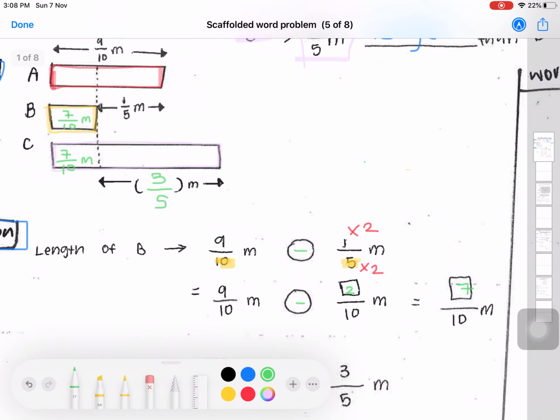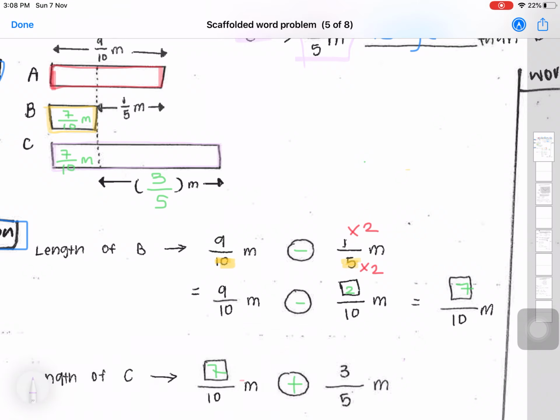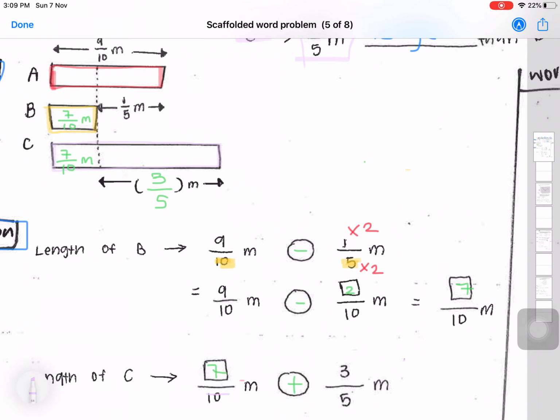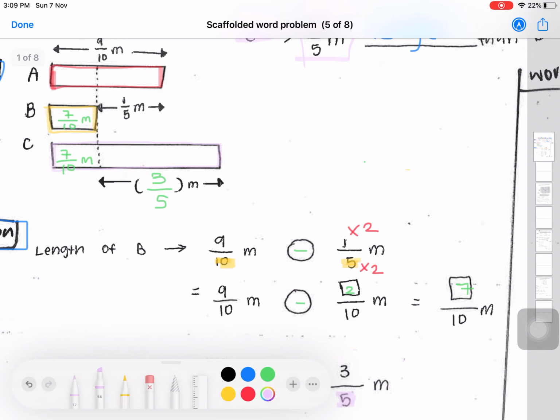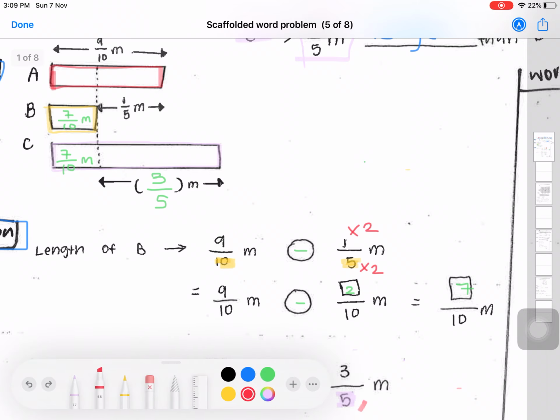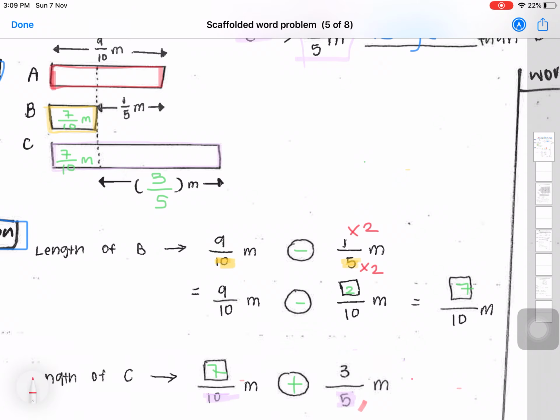Do note that the denominator is 10 and 5. So we have to convert it to like fractions so that we can add the fractions. So we take 5, we change the denominator of 5 to 10.